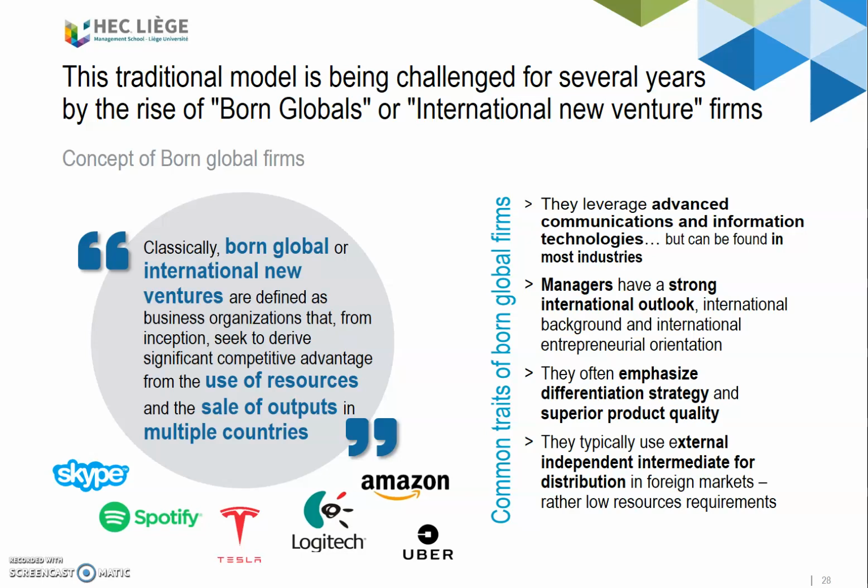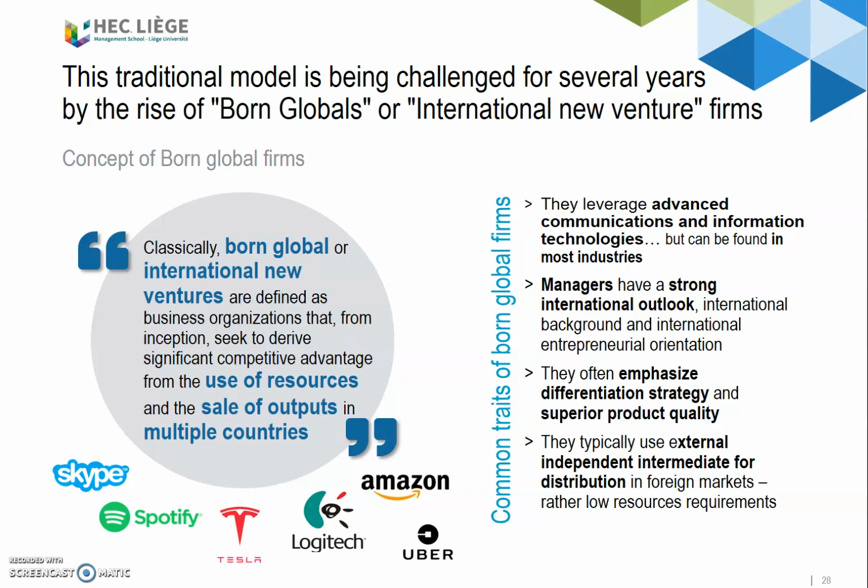If you look at Zoom, for example, I'm sure many of you have now used video conferencing with Zoom. Zoom was not so well known a few years ago, and then all of a sudden, also because of the crisis, they are directly global. Of course, you have criticism regarding the security and so on, but it's really an example of a born global firm. They didn't need to open a local market first; they were directly global.